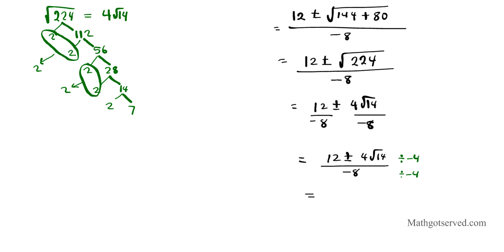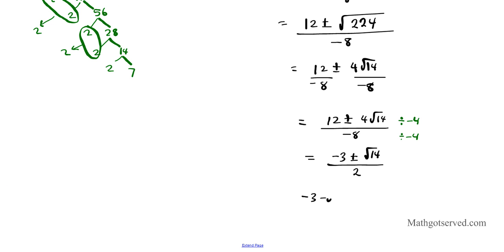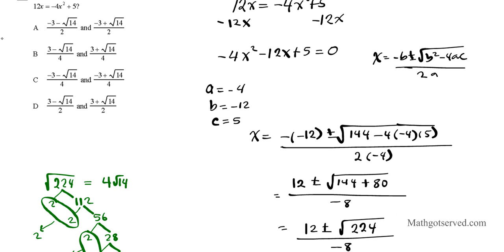So I'm going to have negative 3 plus or minus, I divide this 4 by that 4, it's going to be 1 root 14 over, divide this by negative 4, 2. Okay, so our answers are negative 3 minus root 14 over 2, and negative 3 plus root 14 over 2. So our answer is going to be option letter A.